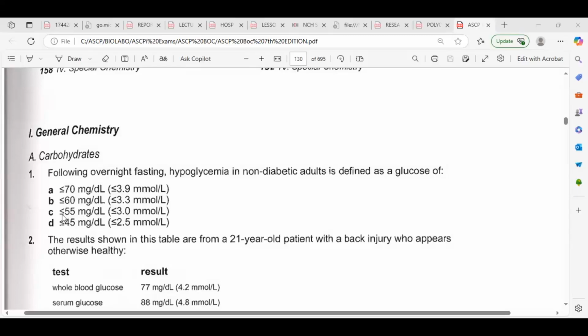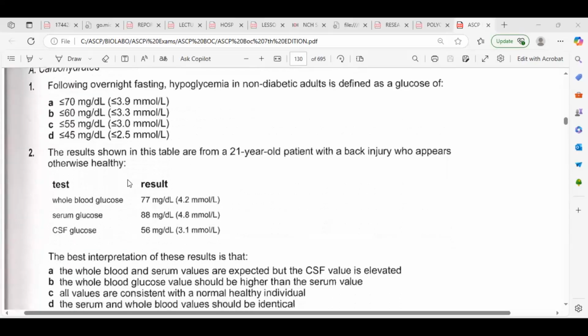So it is less than or equal to 55, but it is not 45. 45 is another thing, which is also in the notes. 60 is not possible and 70 is not possible, because 60 is a low sugar, but not a condition of hypoglycemia. It is 50 to 55, less than or equal to 55.